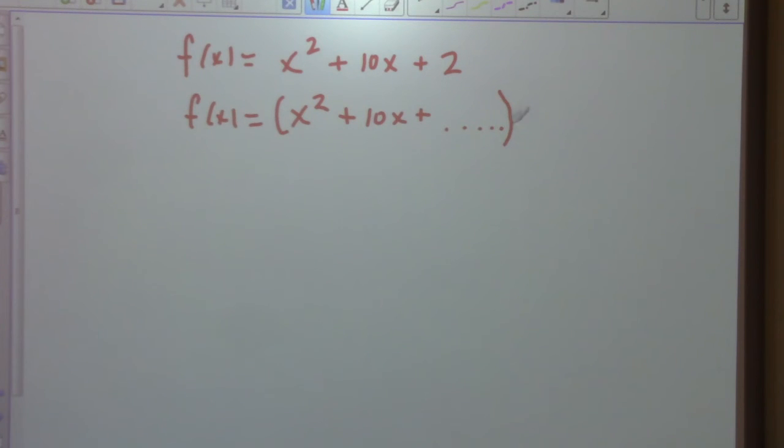And then we're going to have on the outside another blank that I'm going to show you why we have, and what's going to come at the very last, plus 2. So what we're going to do is find the number to go in here to complete a perfect square out of this, and I'm going to explain kind of with algebra tiles what that is in a little bit.